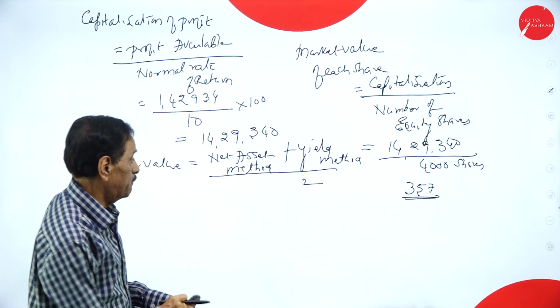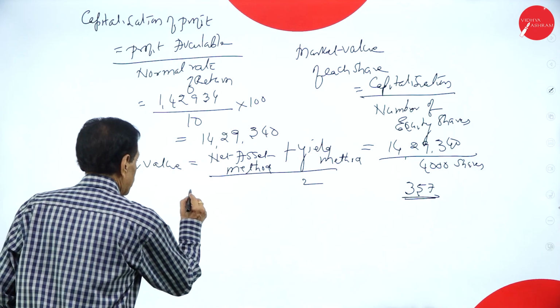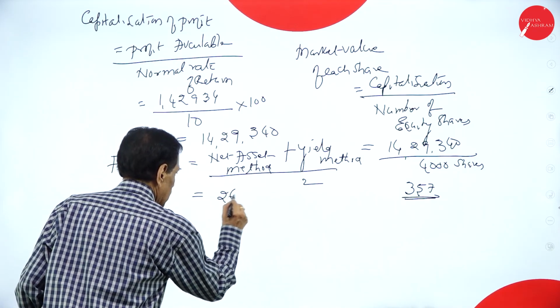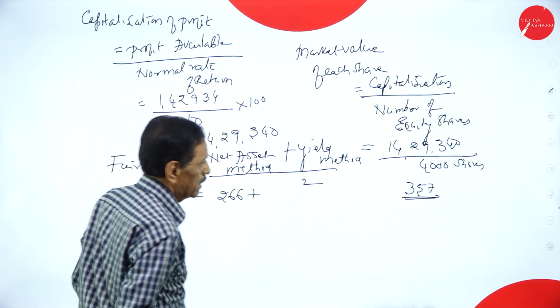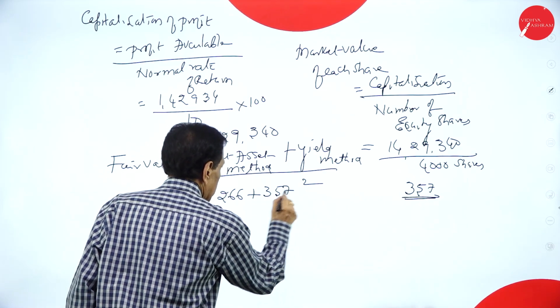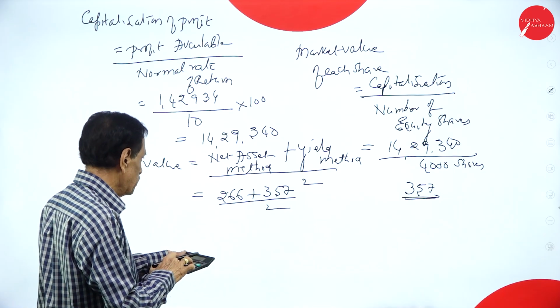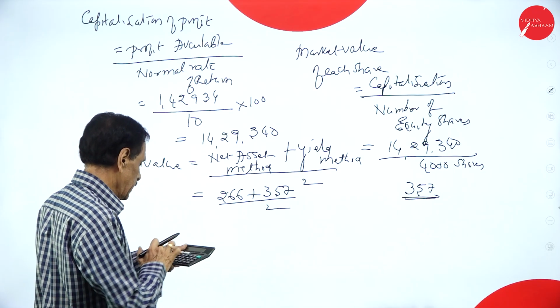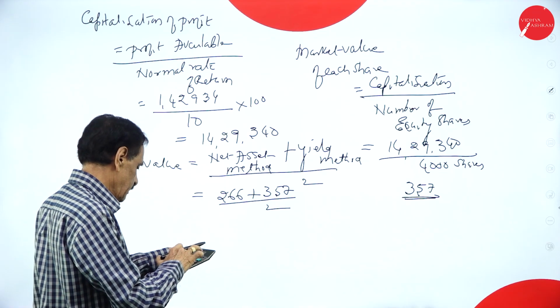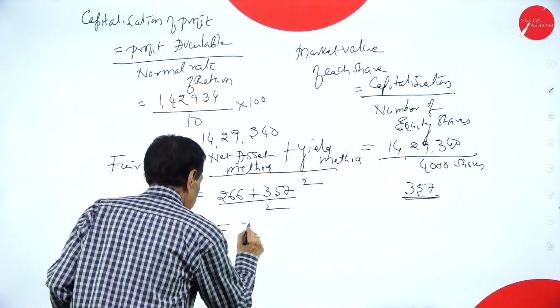What's the net asset method value? 266 plus 357 divided by 2. 266 plus 357 divided by 2 is 311.5.